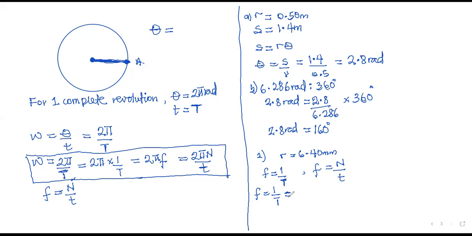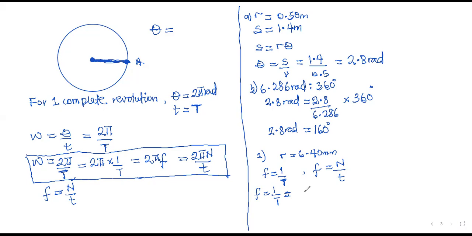If the minute hand goes through one complete revolution, what will be the total time? 60 minutes. Yes, please. Okay. If the minute hand goes through one complete revolution, the total time will be 60 minutes.